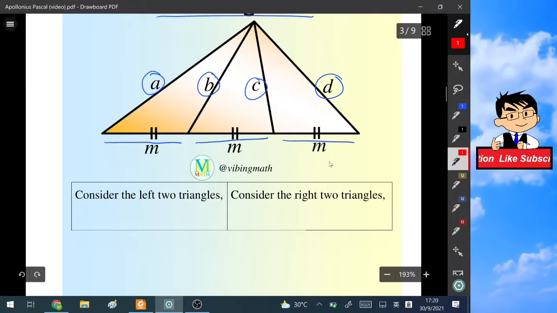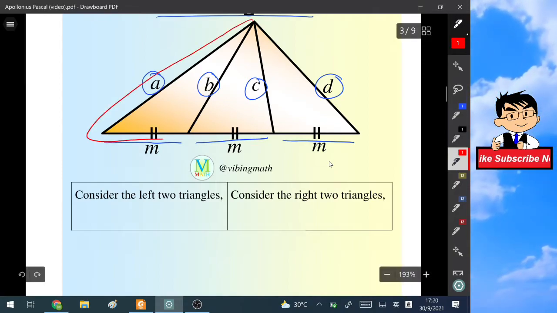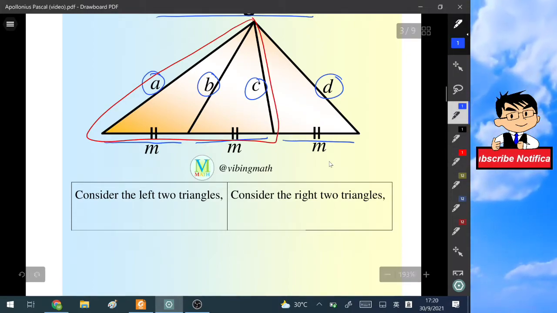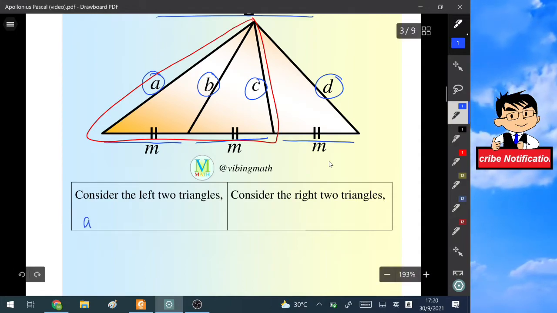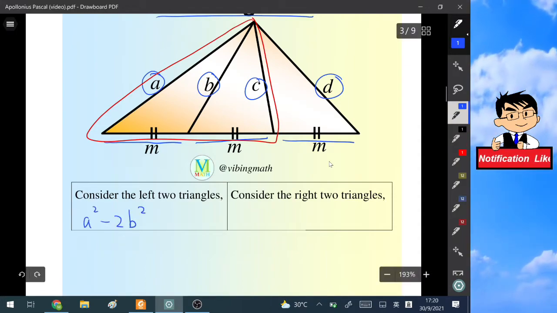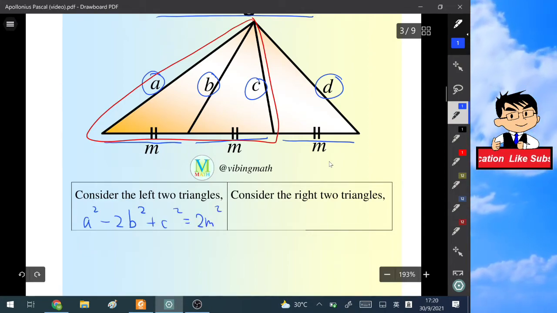We first consider the left two triangles, which is this part. We can just put down the previous result: a square minus 2b square plus c square equals 2m square.